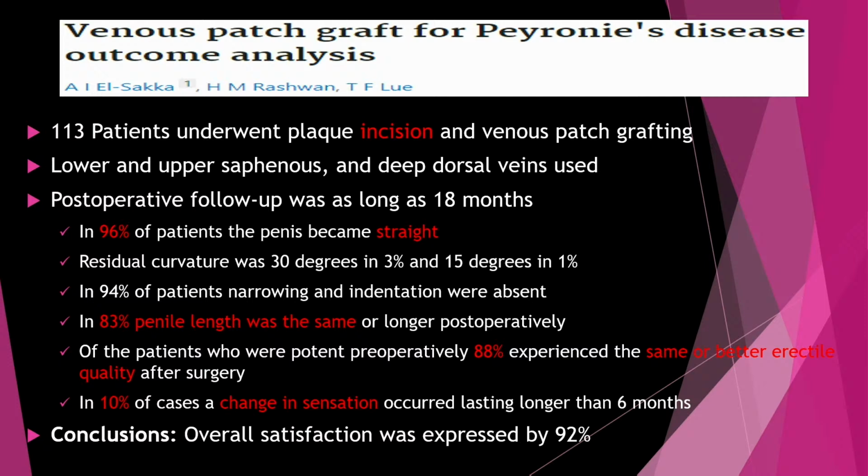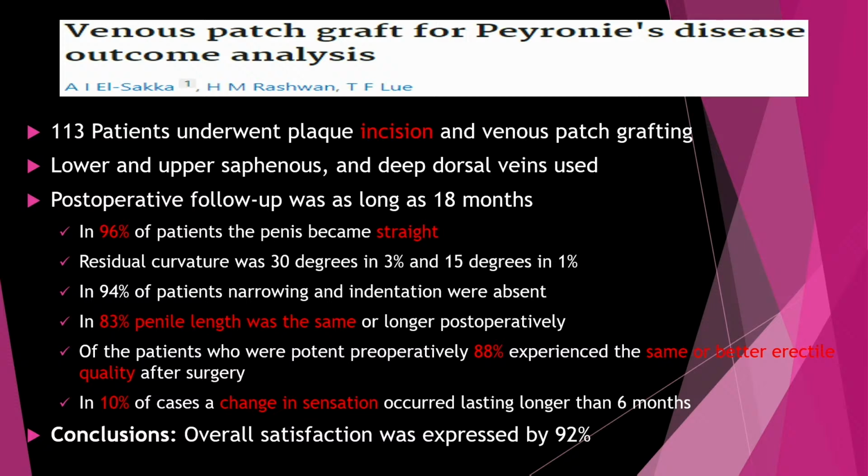The other workers that have done something on this include El Saka, who did also plaque incision, and their results are as shown. They also registered a very high success rate in achieving a straight penis at 96%.